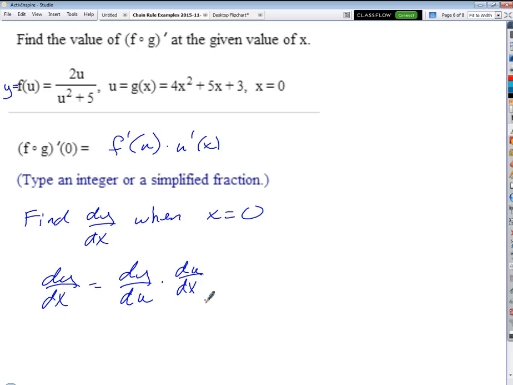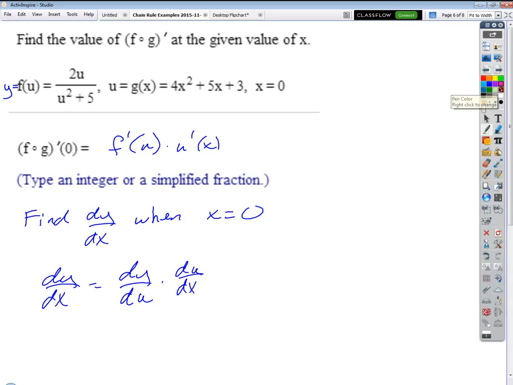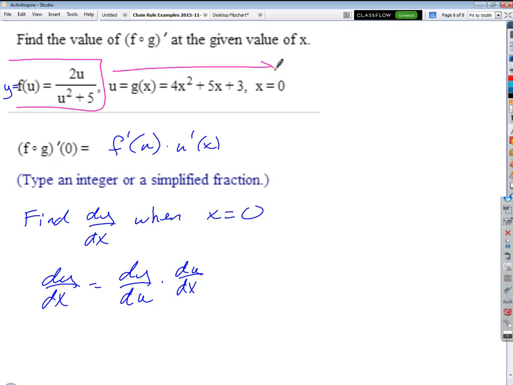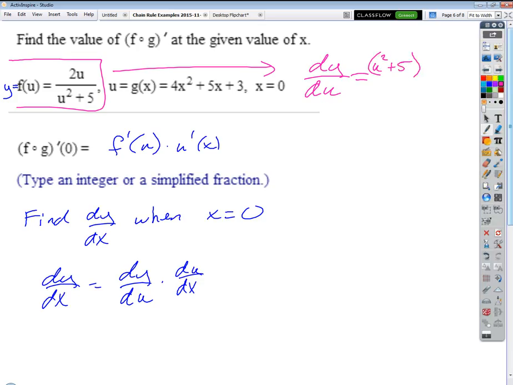We're given here y as a function of u, right? So what's dy/du? It's a quotient with 2u squared plus 10 on top. How am I going to differentiate this? We have to use the quotient rule, don't we? So we're going to have the bottom times 2, the derivative of the top, minus 2u times 2u.